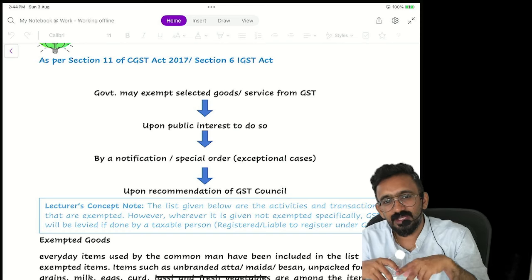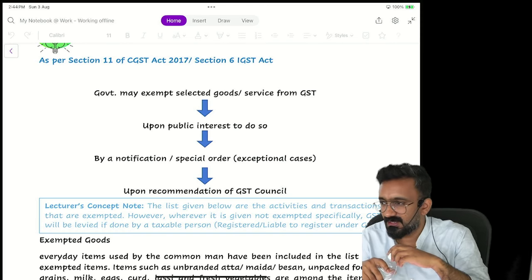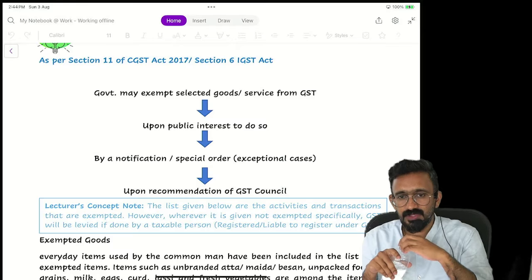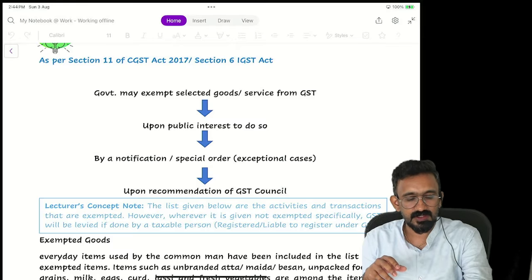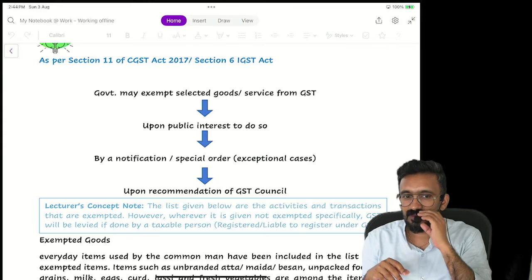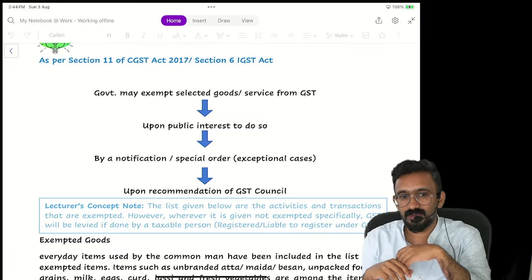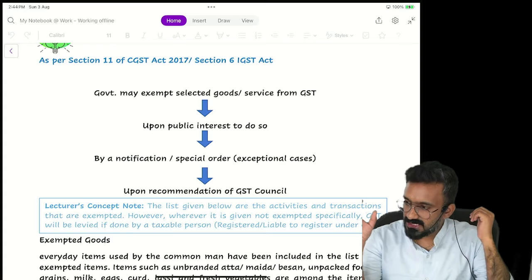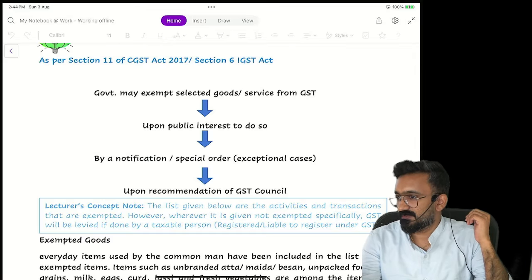Then why do we require two separate lists? What's the difference between negative list and exemption list? I'll ask you from a different perspective. Government has an activity in mind on which they don't want GST.